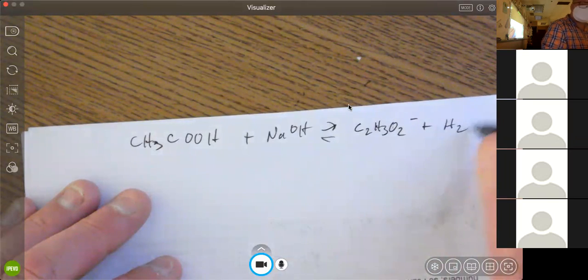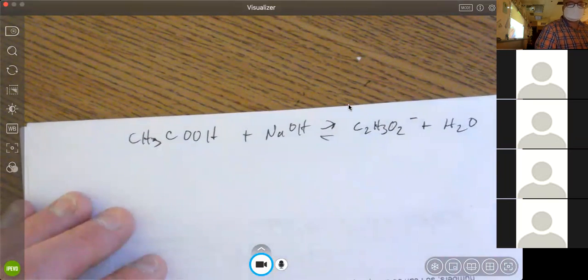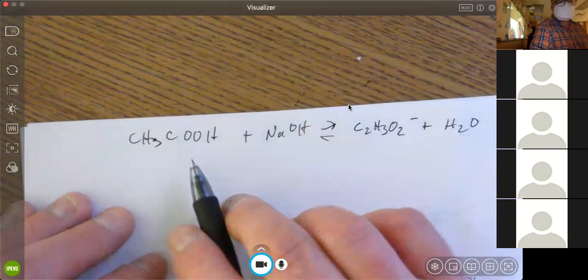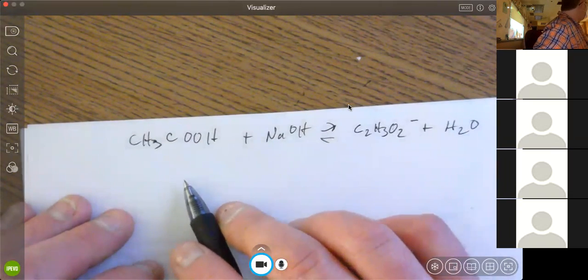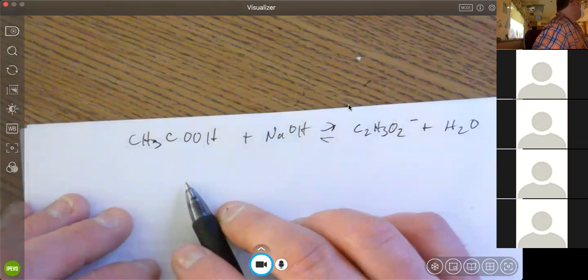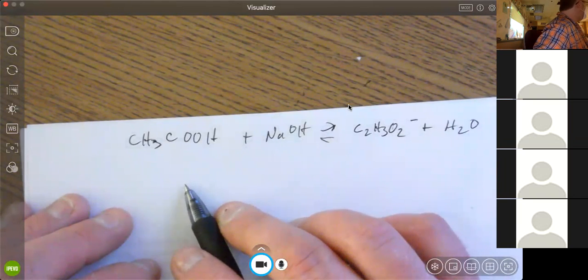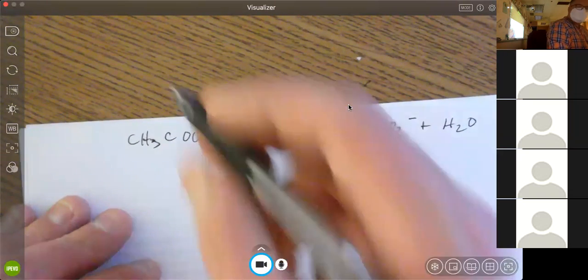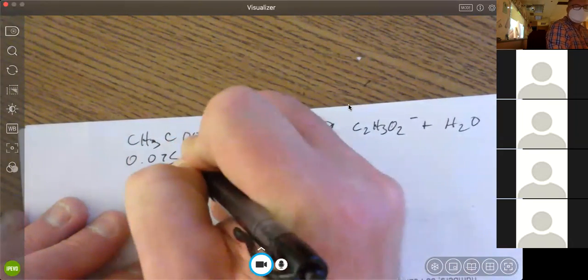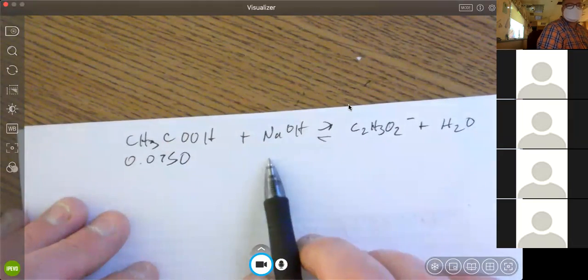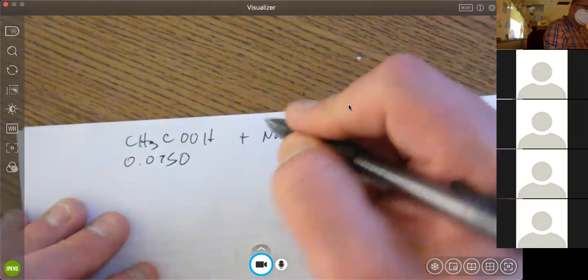And H2O, right? So what are we starting with? Now here's the problem: they give you the molarity of that, 0.150. That's 0.150 moles per liter. We don't have a liter, we only have half a liter. So how many moles do we have then? Half the moles, 0.075. And we have 0.02 moles of this.